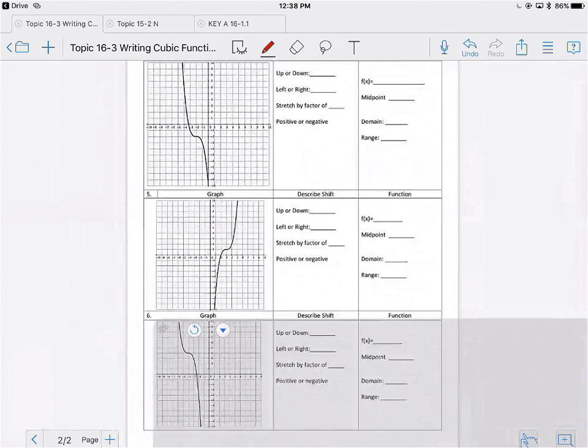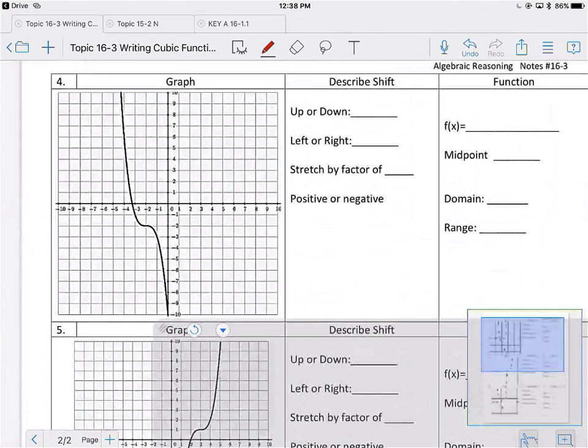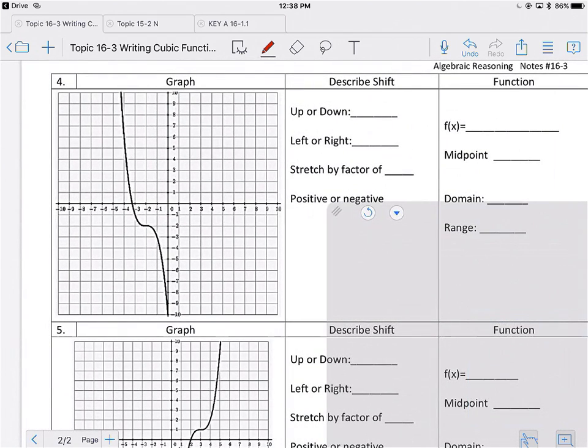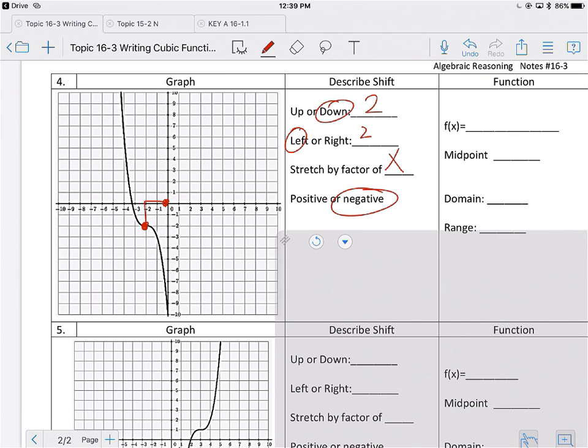On the back, we're given graphs and we're asked to write the equations. To start, we're going to describe our shifts. So my midpoint, for these, I find that it's easiest to draw your point at the midpoint so you can determine what's happening. From the vertex, this goes left 2, down 2. We will not have any stretches. And this one is a negative because it is decreasing.